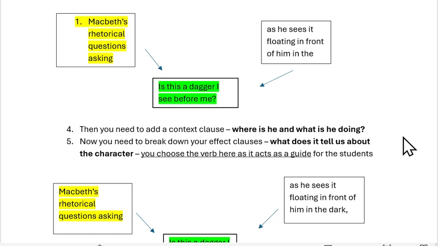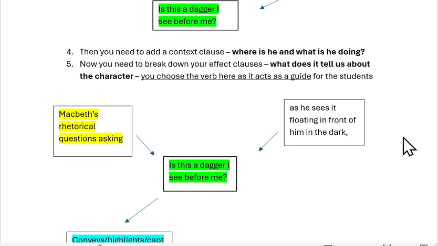Because we're leading them towards what the analysis is going to be. So it acts as a guide or a pointer towards what the effect clause is going to be. So we write that up on the board and we go, okay, what is Macbeth feeling at this time? And they might be umming and ahhing, and you go, okay, well, what's he considering doing? Killing the king.